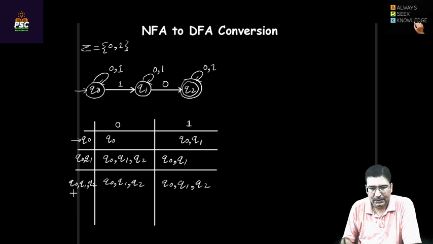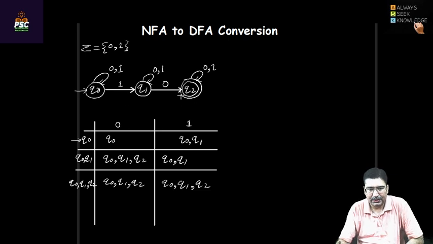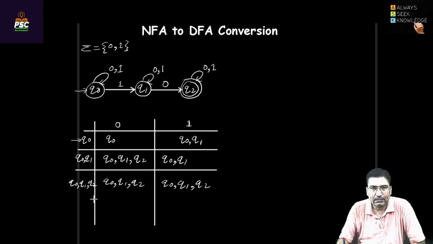Okay, how these states have been created must be clear to you. Now the next point is, in the given automata that was non-deterministic, there was one final state, that is Q2. Now how many final states will we find here?